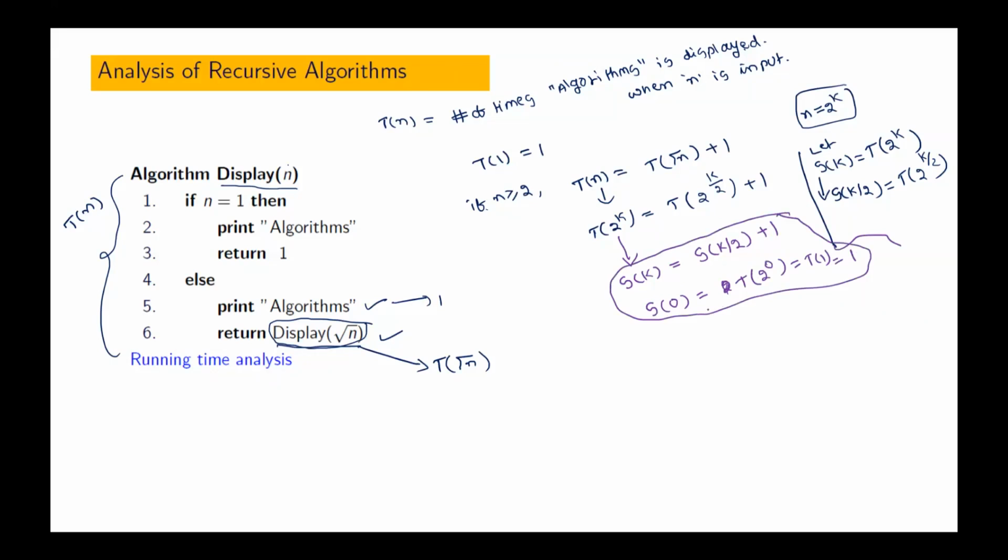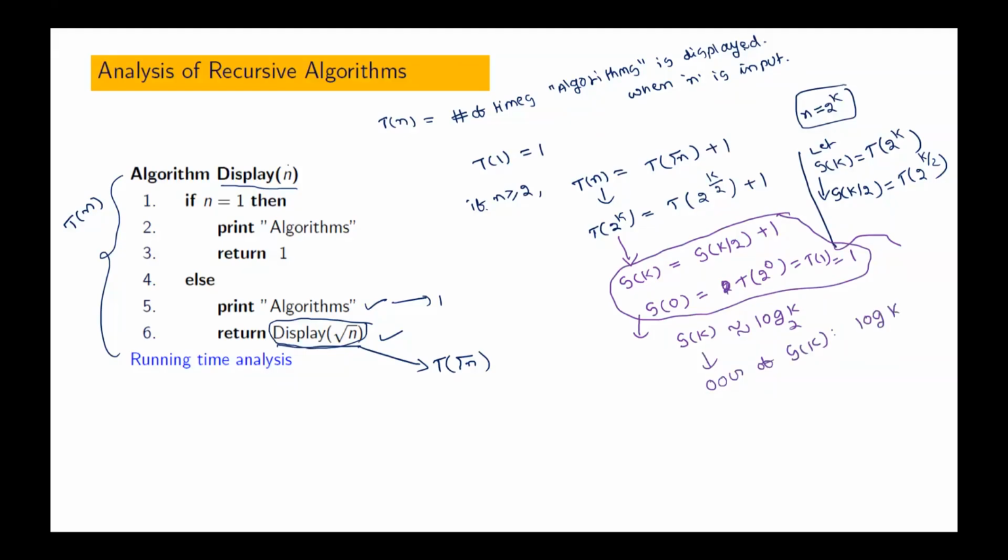Yes, sir. So now what is S of k? Approximately log k we can write. Is that okay? Yes. What is the order of growth of S of k? Theta of log k.